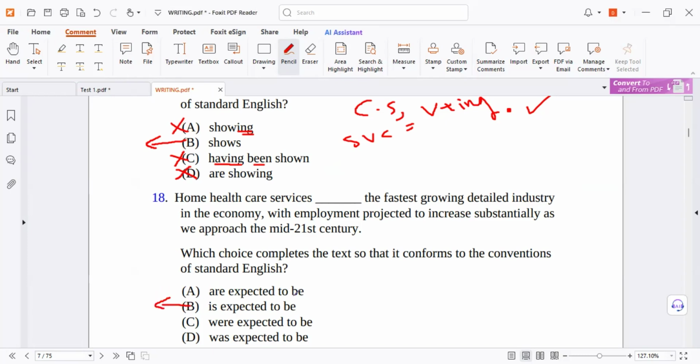It's letter B, yes, it's B. Where is the subject? The subject is industry. Healthcare service.